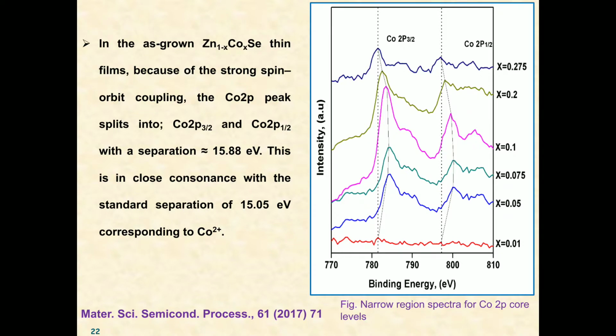In the case of the cobalt 2p level, it is observed that in the as-grown Zn1-xCoxSe thin films, because of the strong spin-orbit coupling, the Co 2p peak splits into Co 2p3/2 and Co 2p1/2 with a separation of nearly 15.88 electron volt, and this is in close consonance with the standard separation of 15.05 electron volt corresponding to Co2+.